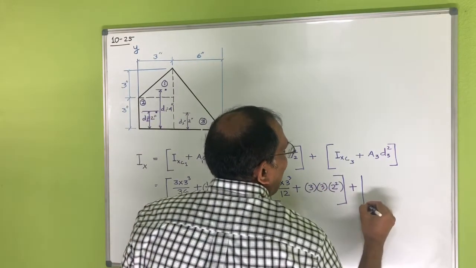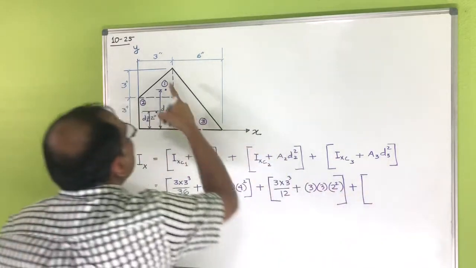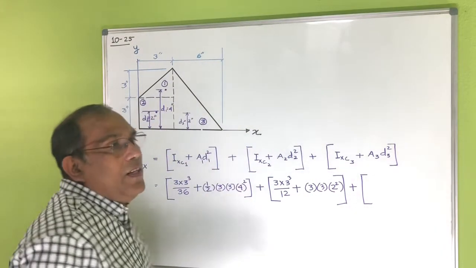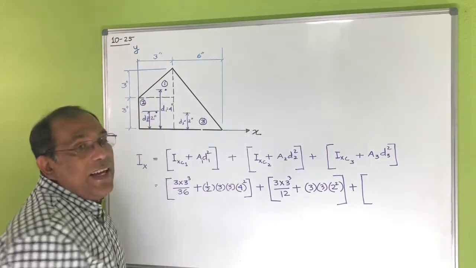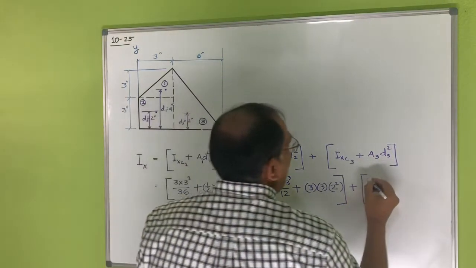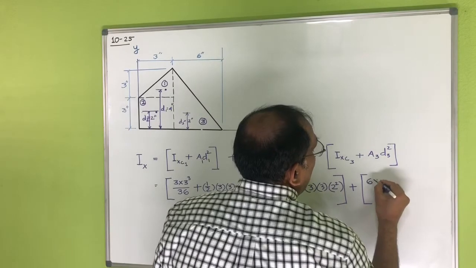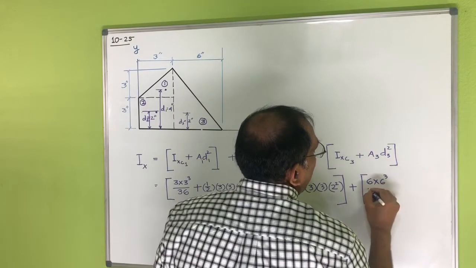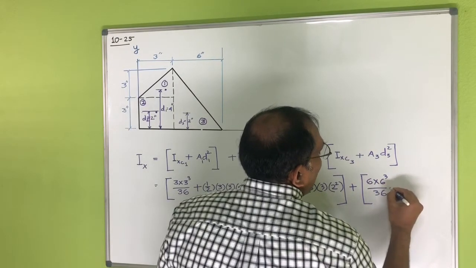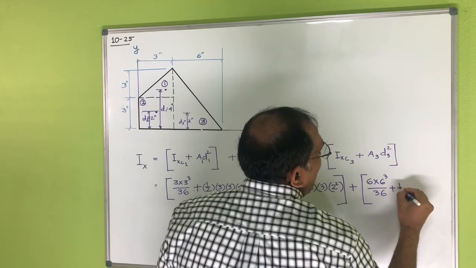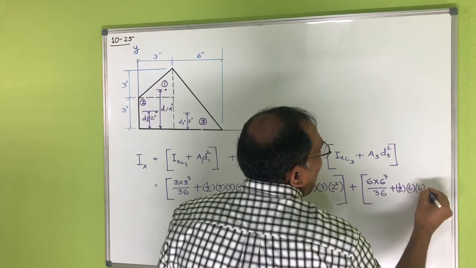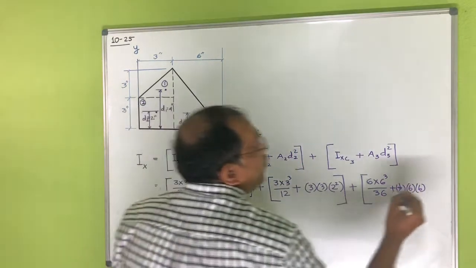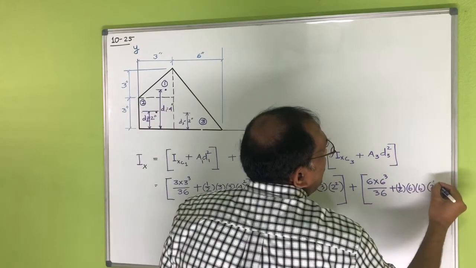Plus, again, this is a triangle, so the moment of inertia at the centroidal axis is b h cubed by 36, plus A d square, which is half into 6 into 6, and d3 is 2, so 2 square.